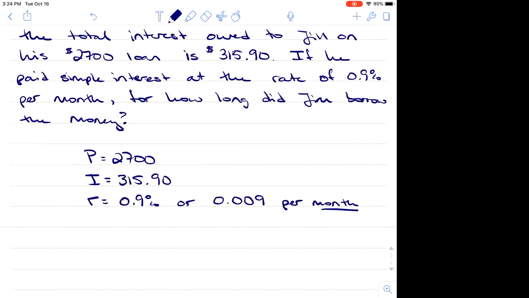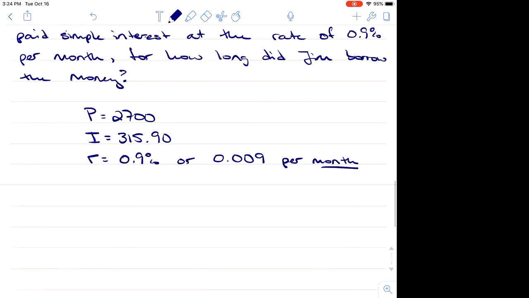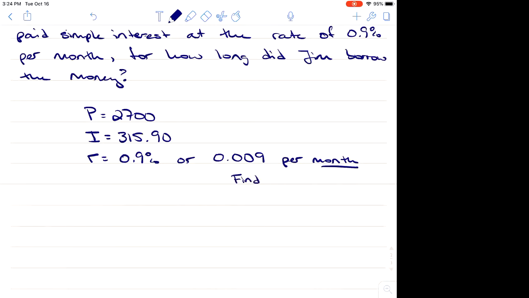Careful with your zeros, 0.9% is 0.009, really small. And we want to find T.